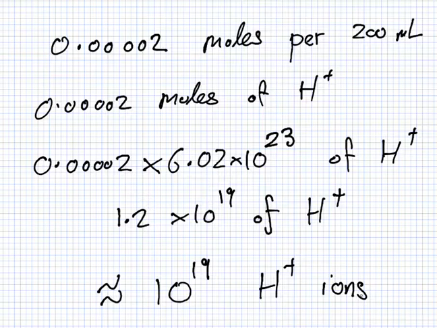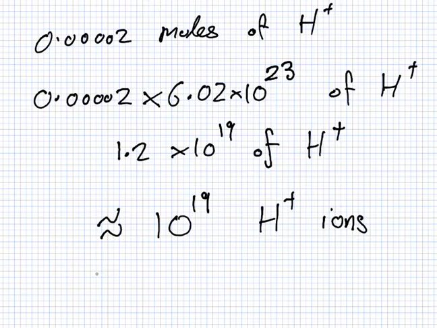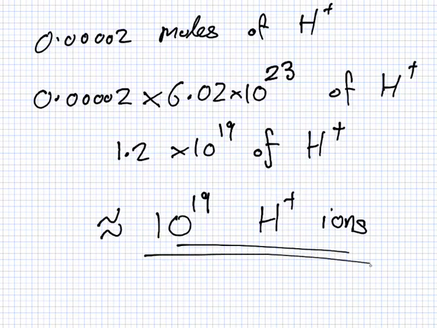Sorry, one proton with no electron. Do we say it has a neutron or not? No. So anyways, roughly 10 to the 19 protons, basically, isn't it? Yeah, there's no electrons. Alright, so 10 to the power 19 H plus ions. That's how much we have in our apple juice.